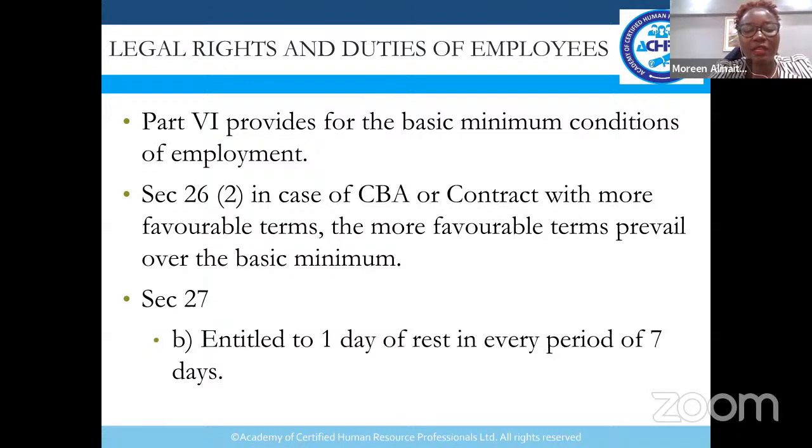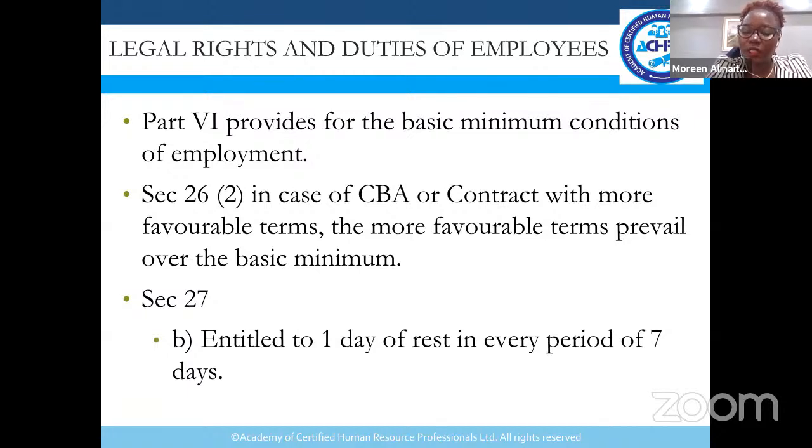Section 27 now starts off the basic minimum principle of conditions of employment. Every employee is entitled to 1 day of rest in every period of 7 days.